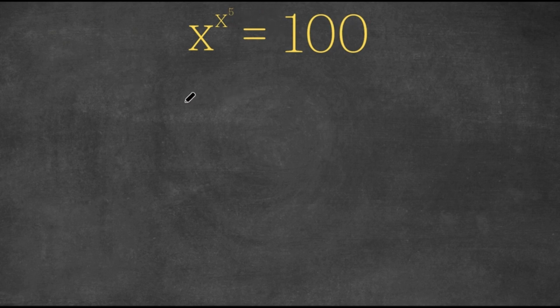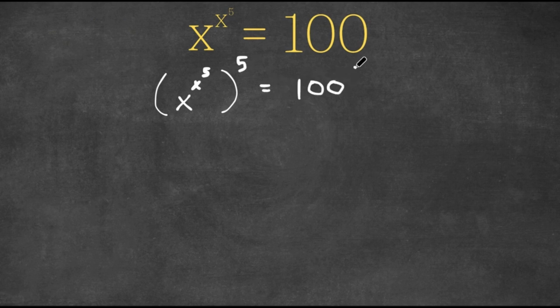Now what I'm first going to do is take the power of 5 on both sides. So now we have x to the power of x to the power of 5, to the power of 5, and this is equal to 100 to the power of 5.